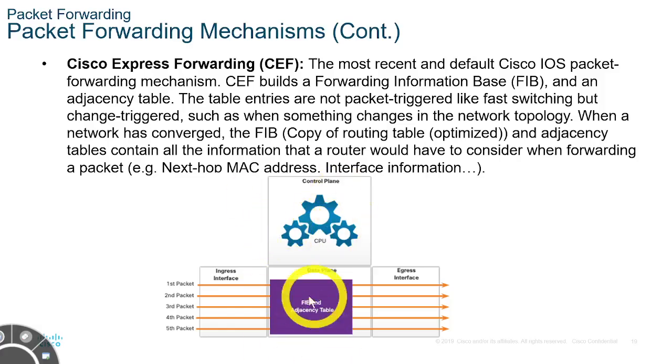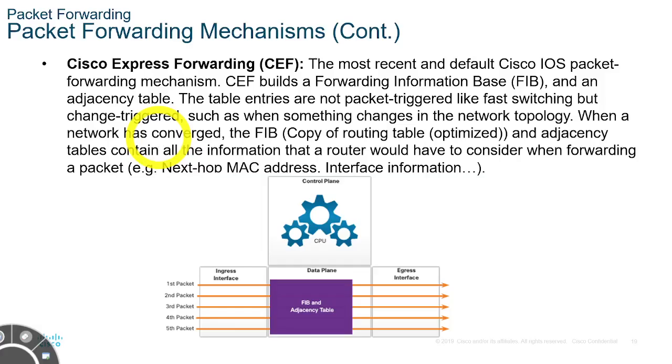So we will have two things here: the forwarding information base and the adjacency table. The table entries are change triggered. This table will contain the network topology information, and when the network has converged, it means the topology becomes stable.